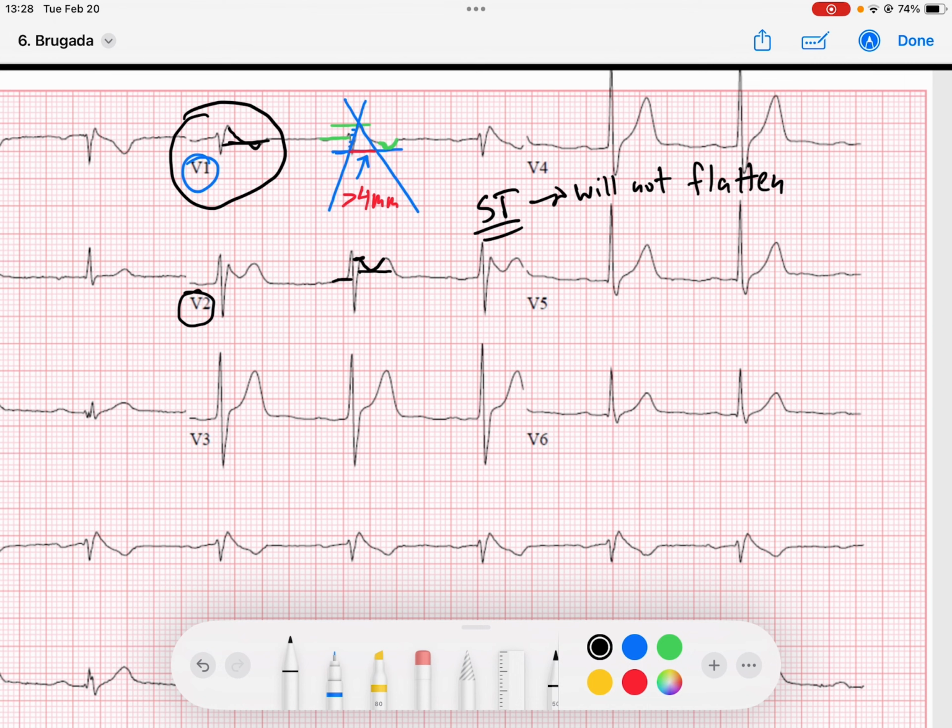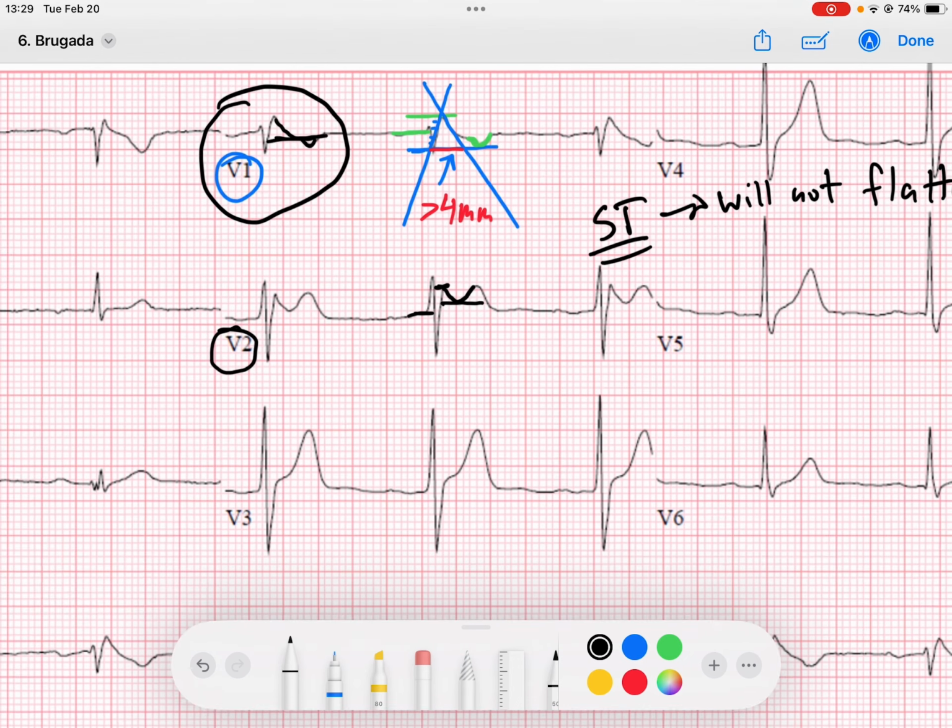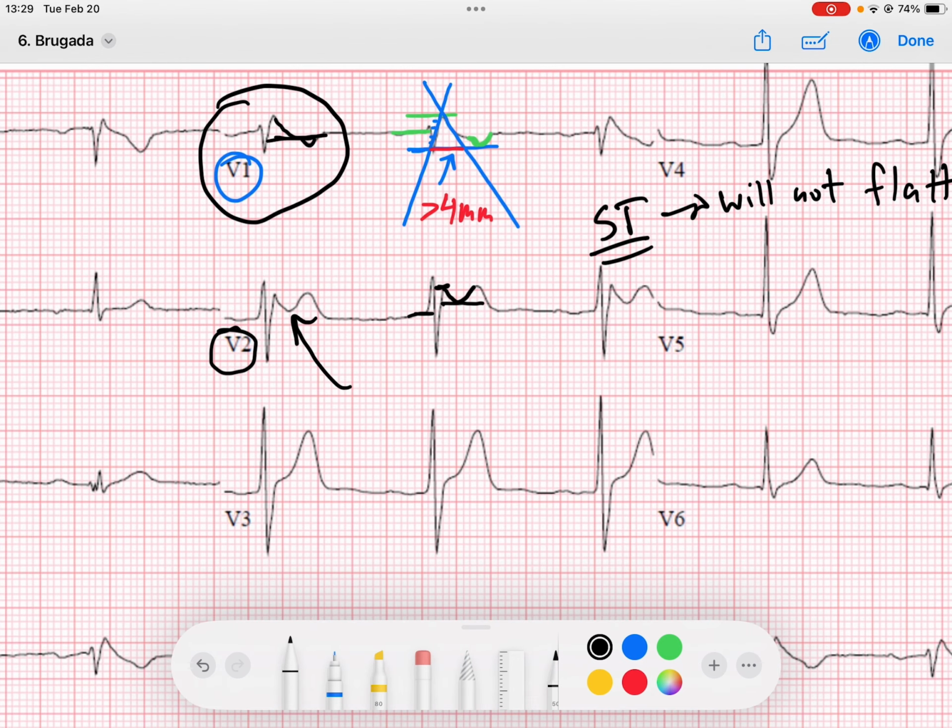And this right here is another example of type 1 Brugada syndrome, okay? You often hear about this saddleback morphology, right? That saddleback morphology is commonly seen in a type 2 presentation for Brugada syndrome.